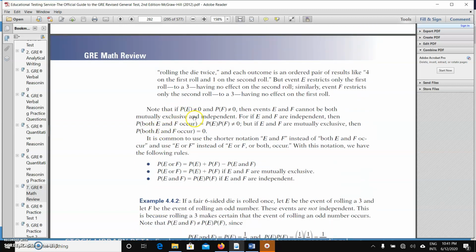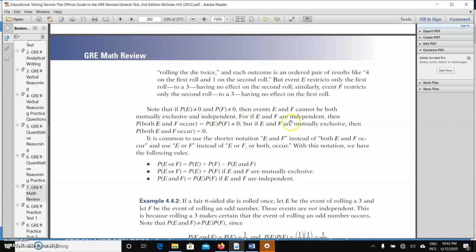Note that if the probability of E is not equal to 0 and the probability of F is not equal to 0, then the events E and F cannot be both mutually exclusive and independent.